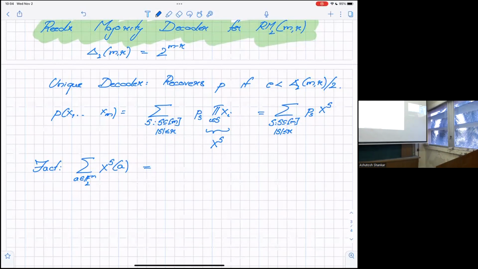I have to repeat it 2 to the n times. Each time it's 1, 1, 1, 1, 1, so that will be 0. When S is the entire monomial, x1, x2, ..., xm, there's only one point where it is 1, everywhere else it's 0. So, because this was 1, the sum is 1 if S is m and 0 otherwise.